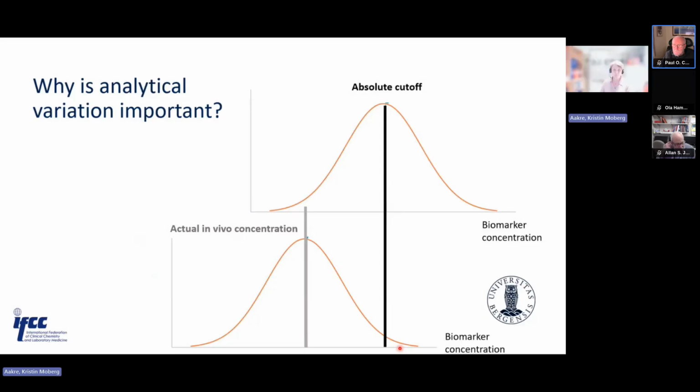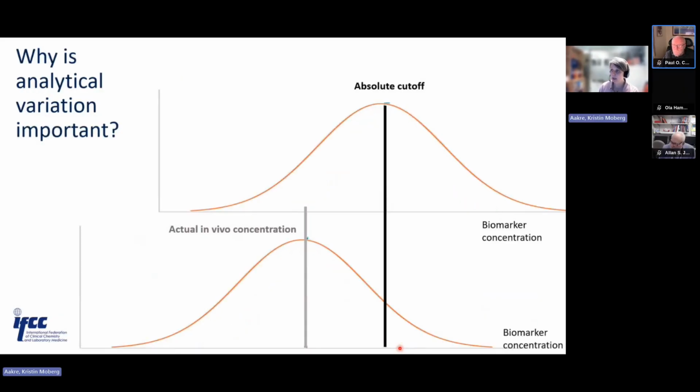That is for analytical variation, and usually it's quite narrow like here, but sometimes we have a much larger analytical variation. As you can see, for this patient who was measured down here, there is a larger risk of being classified above the cutoff, so there is a larger risk of a false positive result.